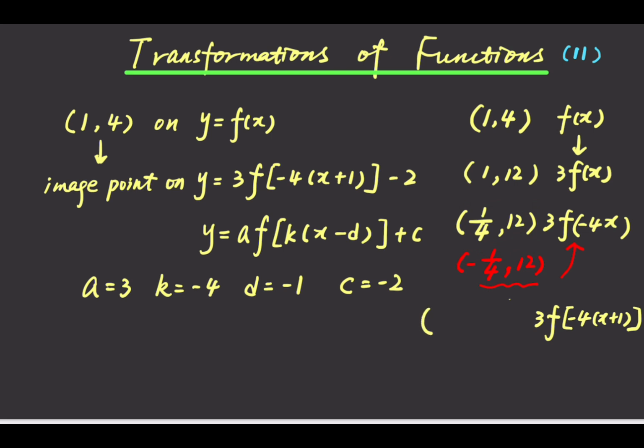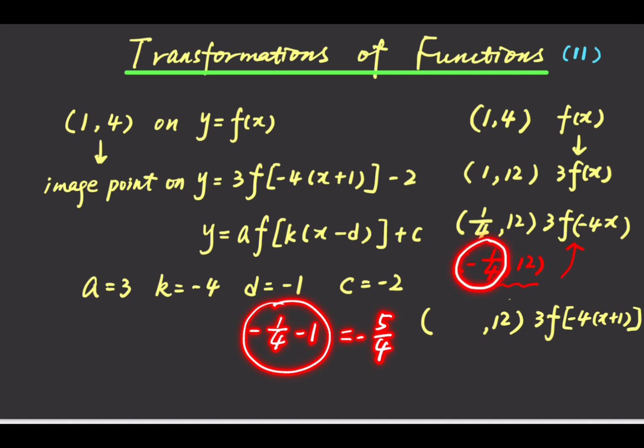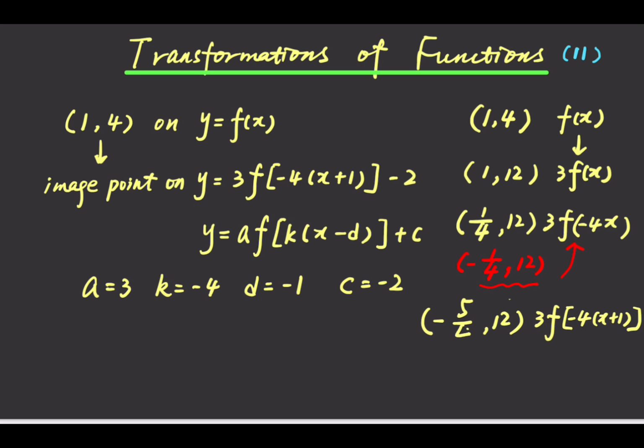The y-coordinate should be kept unchanged, but we need to move the x-coordinate to the left side because D is a negative number, so this point should be negative 5 over 4. This x-coordinate should be changed to this value, so it should be negative 5 over 4.